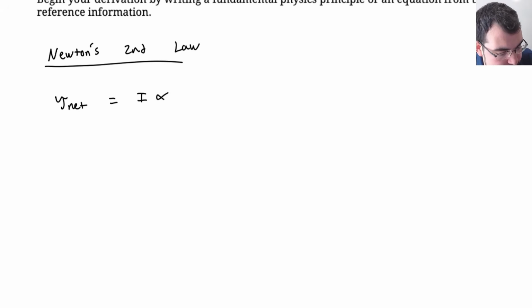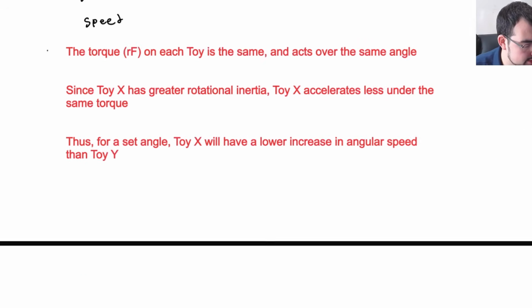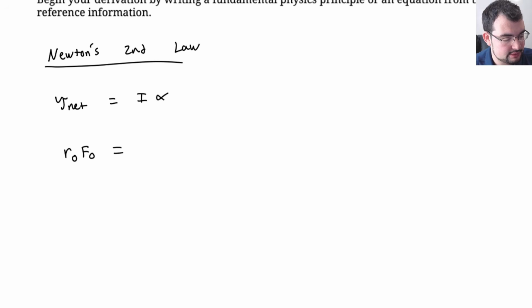So the torque is just RF. Are both of those subscripted? Yes. Equals Ix times alpha. So alpha would be equal to RF over Ix.